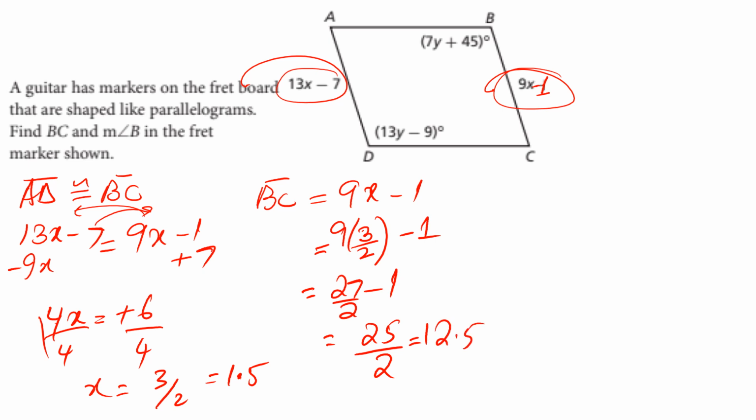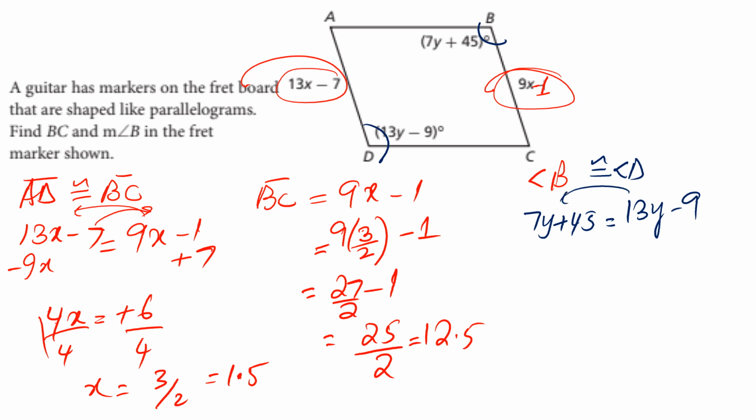Now we have to find angle B, and we know that angle B is congruent to angle D. So angle B is how much? 7y plus 45, and angle D is 13y minus 9. Bring the 13y here, negative 13y. Bring 45 here, it gives you negative 45.